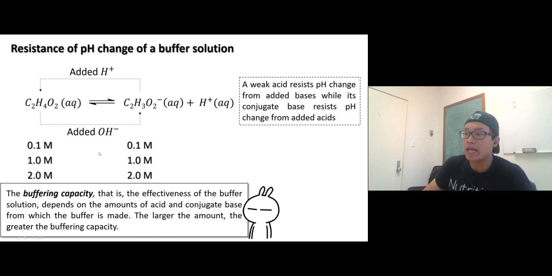If we add an acid or base over 0.1 molar of either of these, the buffer solution is not a buffer anymore because these two get used up, right? If we have 2 molar of the acid and 2 molar of its conjugate base, that's the capacity. You can add an acid or a base up to 2 molar before these two get used up, right? So this one has the highest capacity to resist pH change.